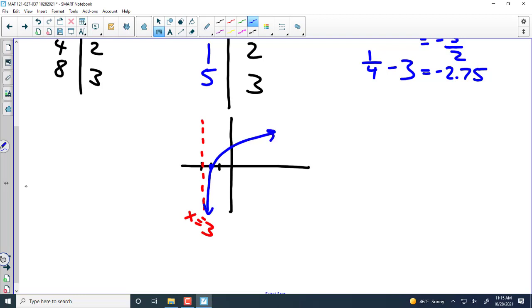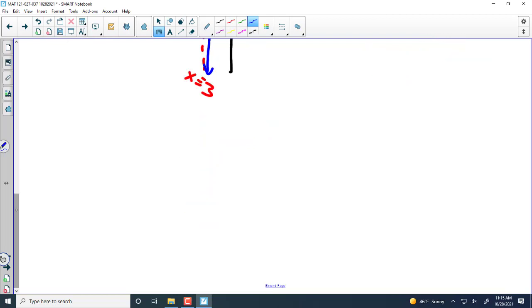It's going to move the entire graph over 3 units like that. You're going to see a little bit of this in your homework. That is why I wanted to show it to you, everyone. Let's do one more.